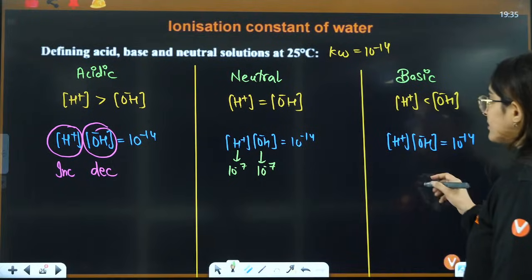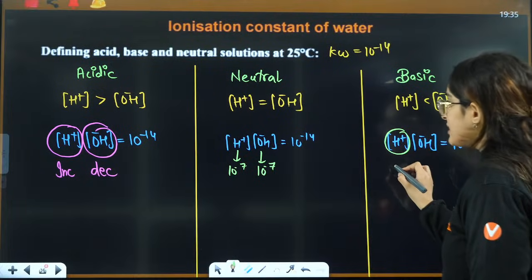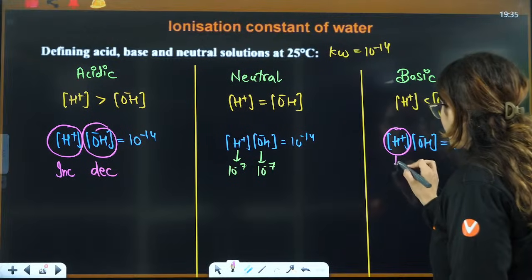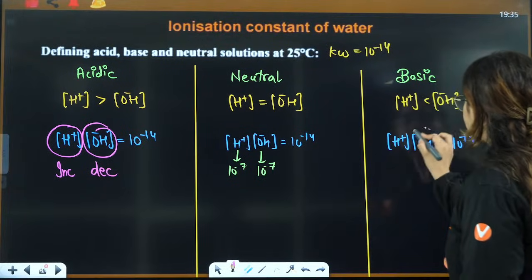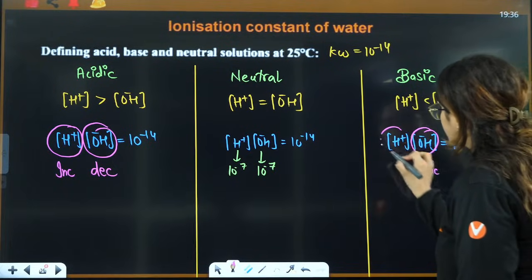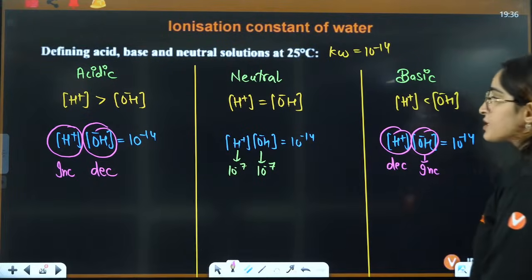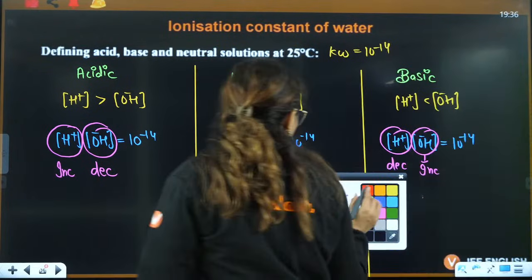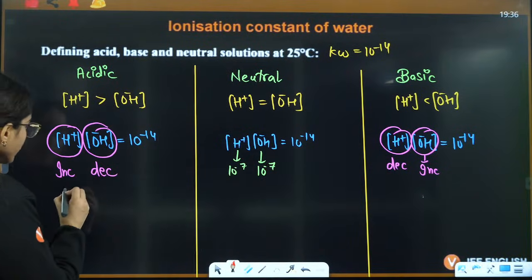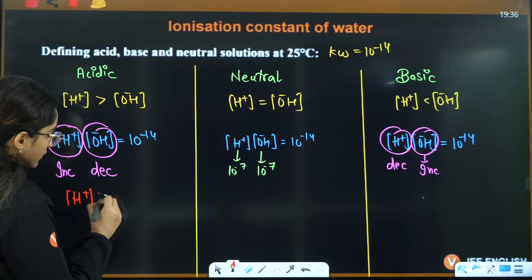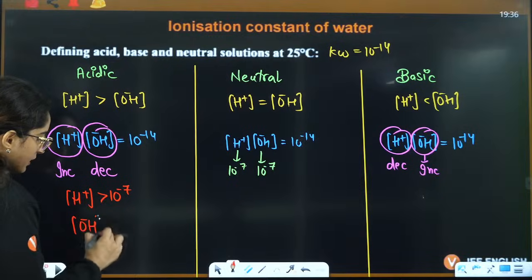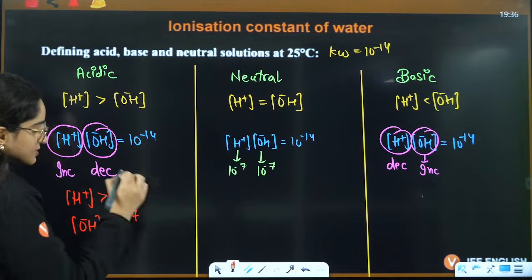Here we are saying that if this OH negative is increasing, because it's a basic solution, then this will decrease, because overall we want it to be constant. So can we say that here, in the acidic solution, H positive concentration will be greater than 10 raised to the power minus 7, because it is increasing, and OH negative will be less than 10 raised to the power minus 7.